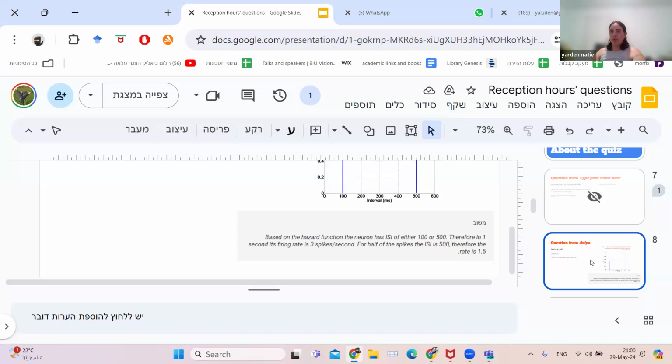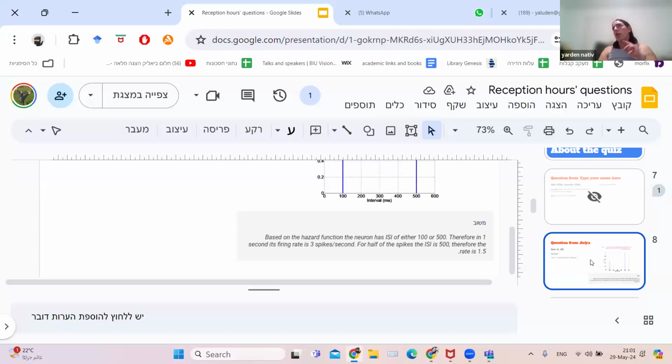If we believe that this is regular, I'm thinking now to myself, how could we solve it if we say, for example, in the first 1 second, it's only the 100s, and then in the second, it's 500s. And then what would be the mean firing rate?